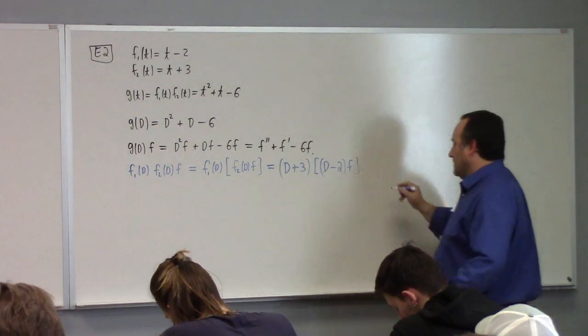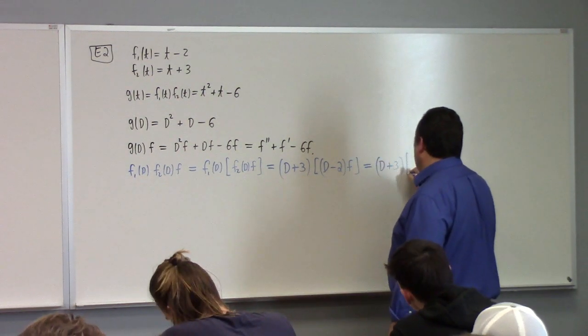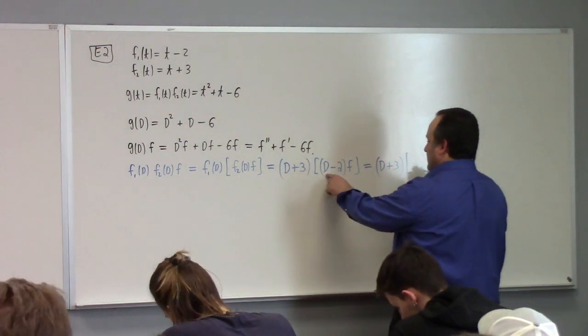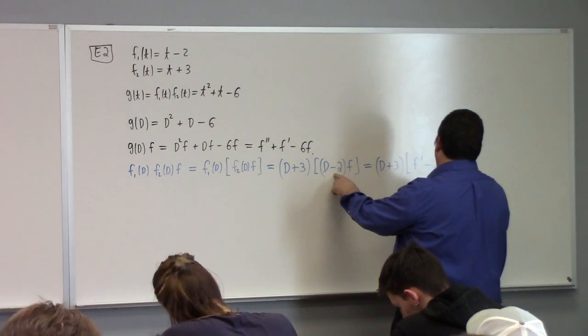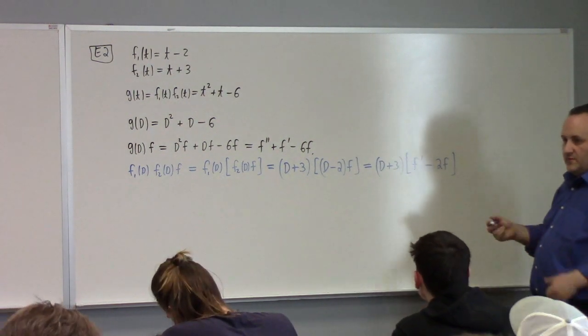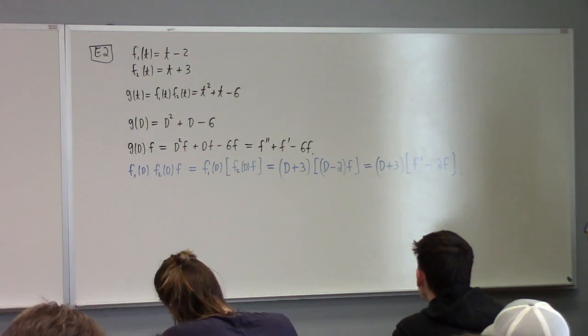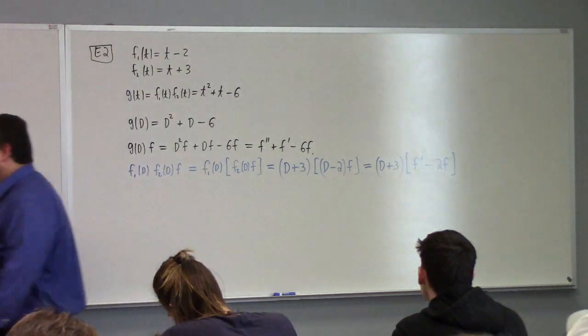How does that go? Well, we've got d plus 3, and it's being fed f prime minus 2f, right? You guys with me so far? Then we let d plus 3 do its work on that, right? What goes on there?